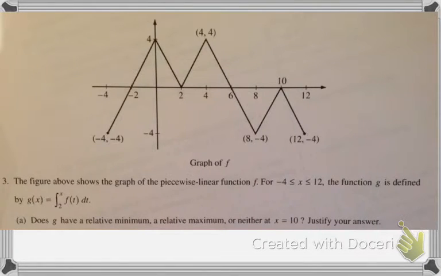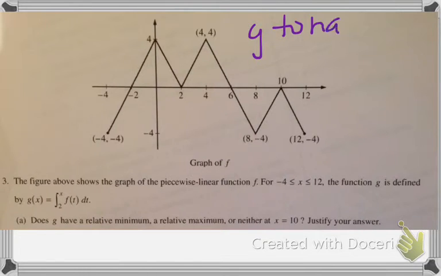Okay, this is the other free response question from 2016, question number 3. Part A says, does G have a min or a max or neither at x equals 10?